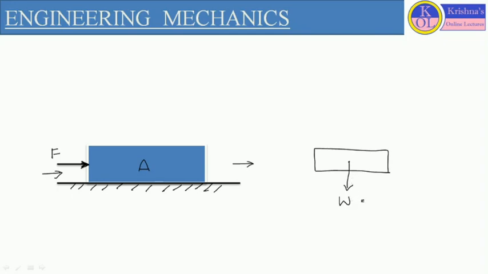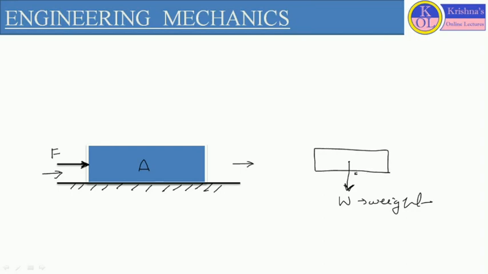Here W is representing the weight of the body. So the first force which you need to draw while drawing the free body diagram is always weight, and weight is always applicable in vertically downward direction only. So this is the direction of the weight. So weight is always considered as a force only.